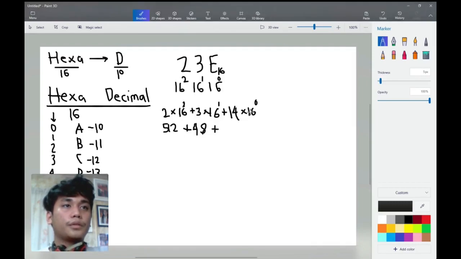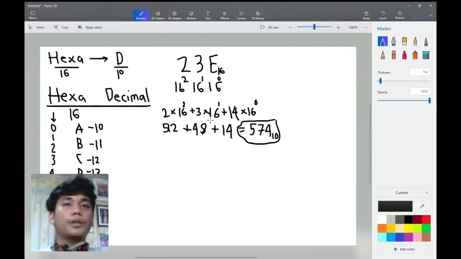And plus 16 to the power of 0 is 1. 1 times 14 is 14. So we have a total of 512 plus 48 plus 14. We have 574 base 10. So we have our decimal from 23E equals 574 base 10.